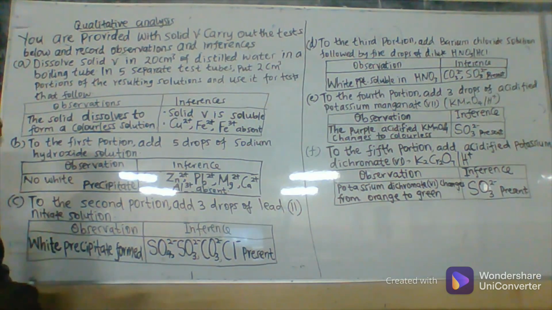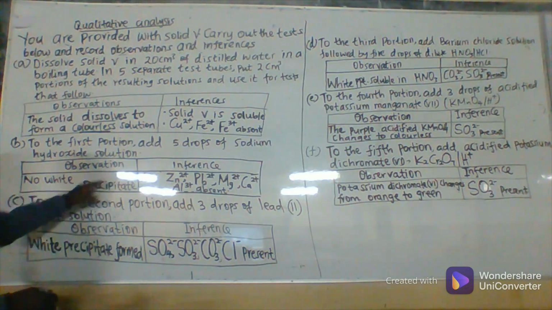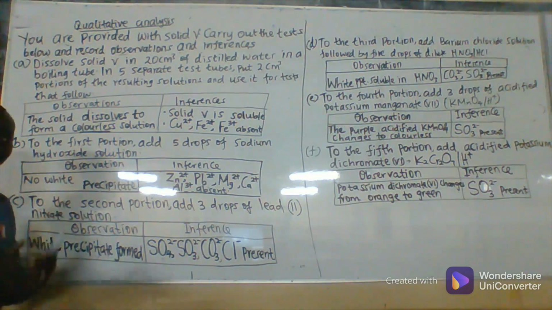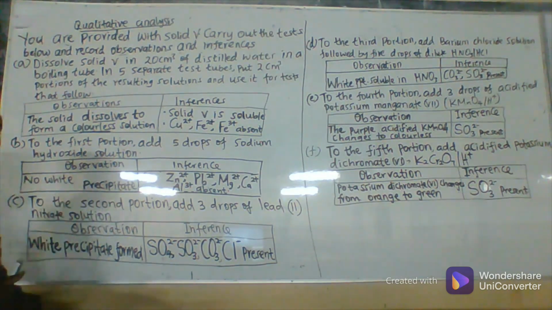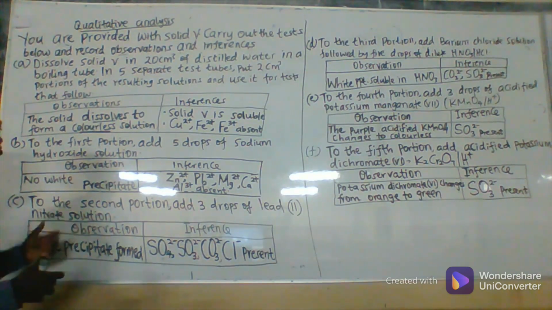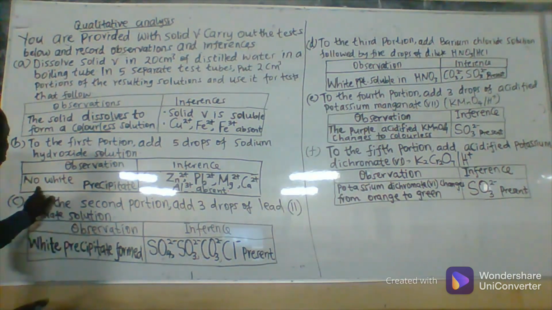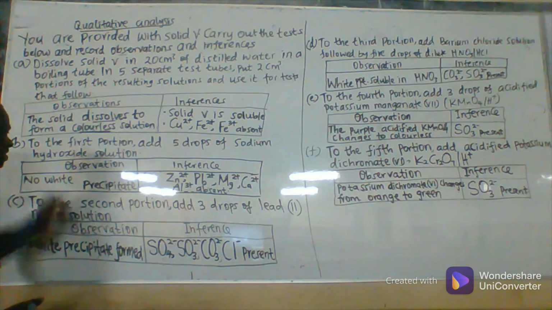But for them, when they added sodium hydroxide solution, there was no white precipitate. Of course, when performing the experiment on addition of sodium hydroxide, it will just be a colorless solution. But because the expectation is formation of a white precipitate, and you don't see it, you write the observation as no white precipitate.